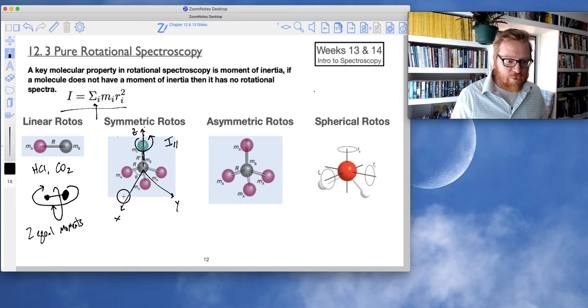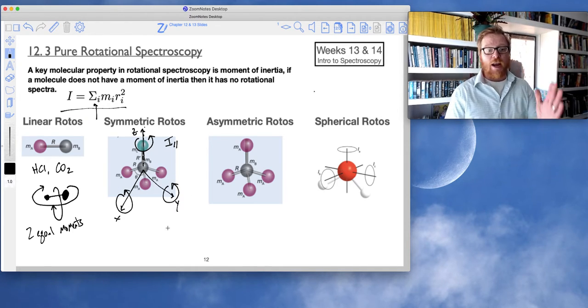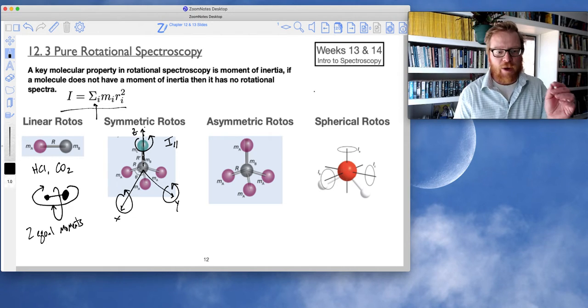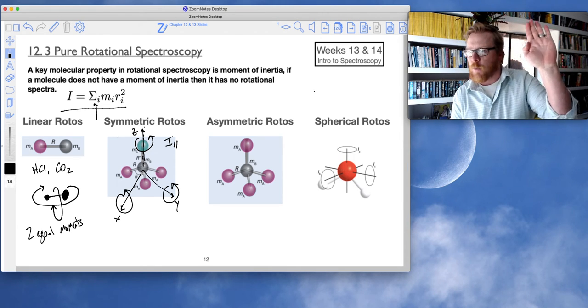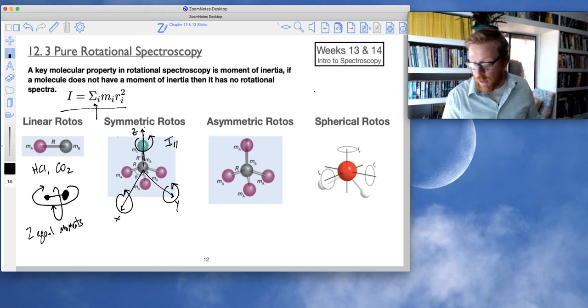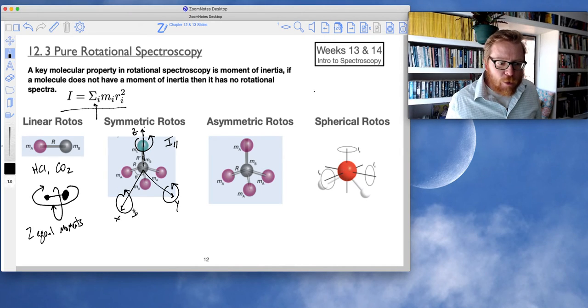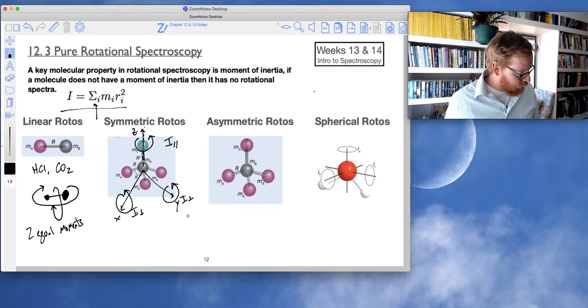And then if I rotate around these axes, both of those are going to be equal. So now you have to imagine the green atom tumbling over this way or tumbling over this way, between X and Y. So those two are equal, and we call those I perpendicular. So we have two equal moments and one different moment.